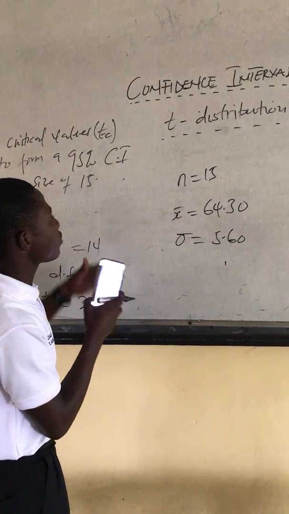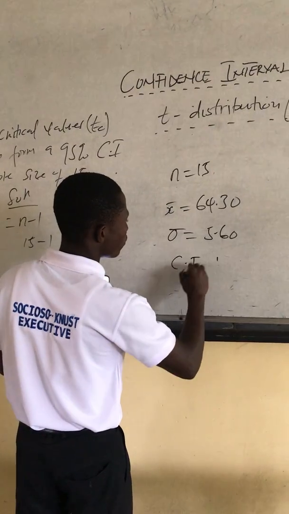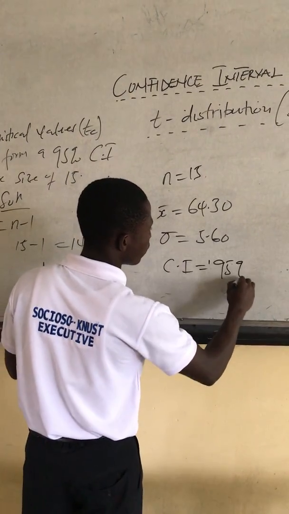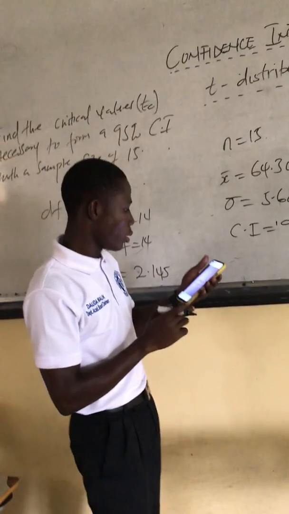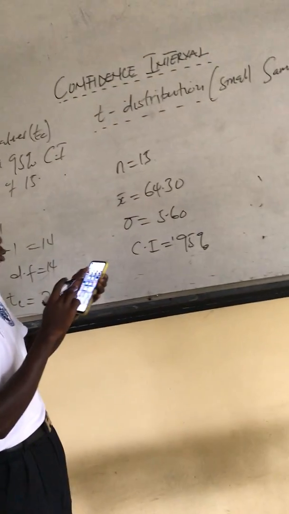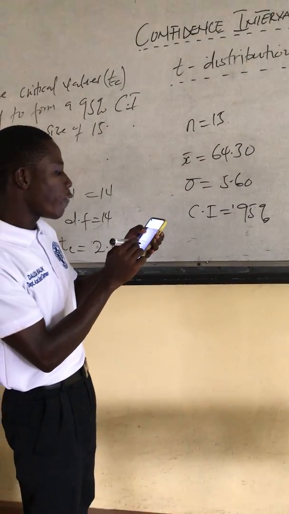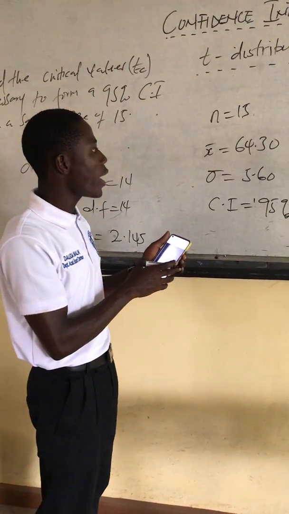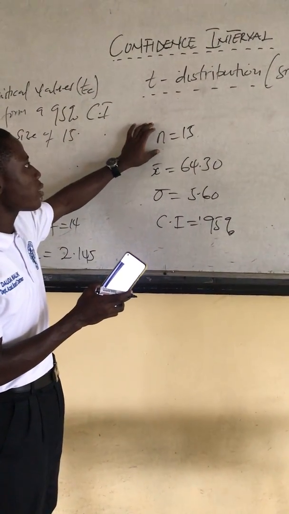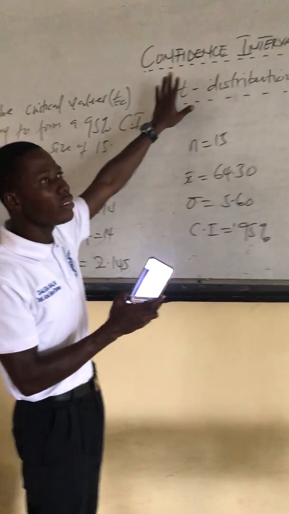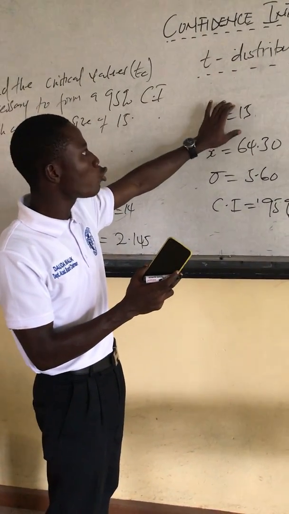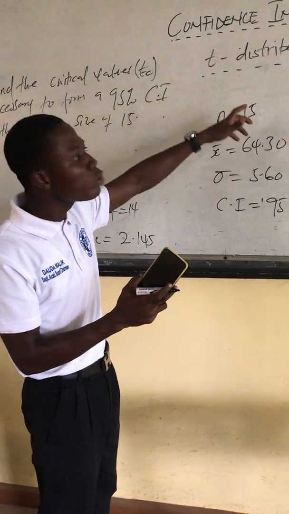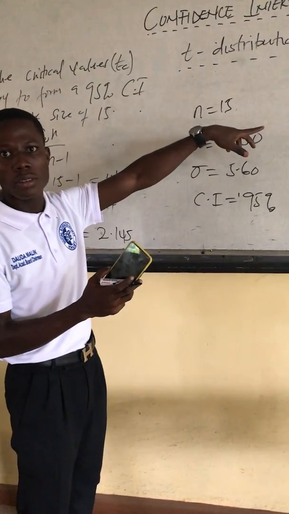So our confidence level is 95%. We should find a 95% confidence interval for the mean price of all DVD players. And because our sample size is less than 30, we are using the T distribution. If it was supposed to be more than 30, we would have rather used the Z, that's the large samples.